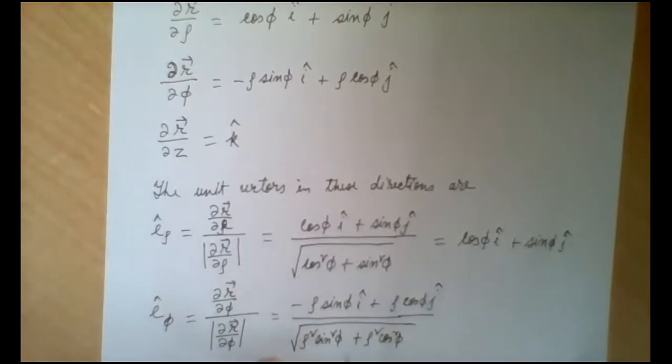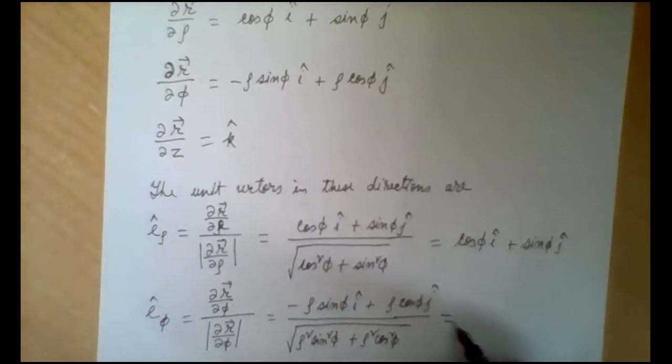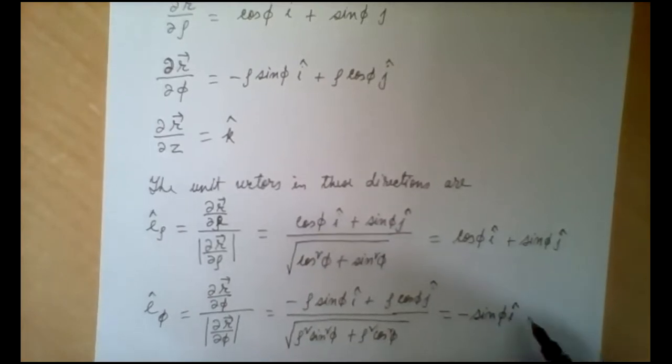And what is this value? This value is rho square, the square root of rho square is rho. This rho and this rho will cancel out. So what do we get? Minus sin phi i hat plus cos phi j hat.